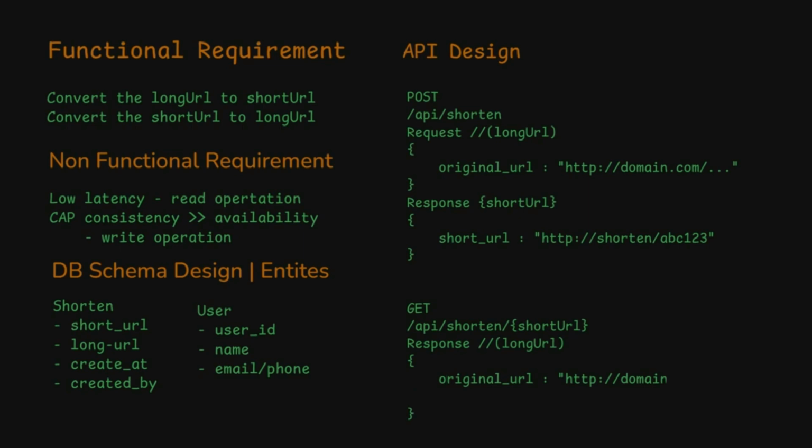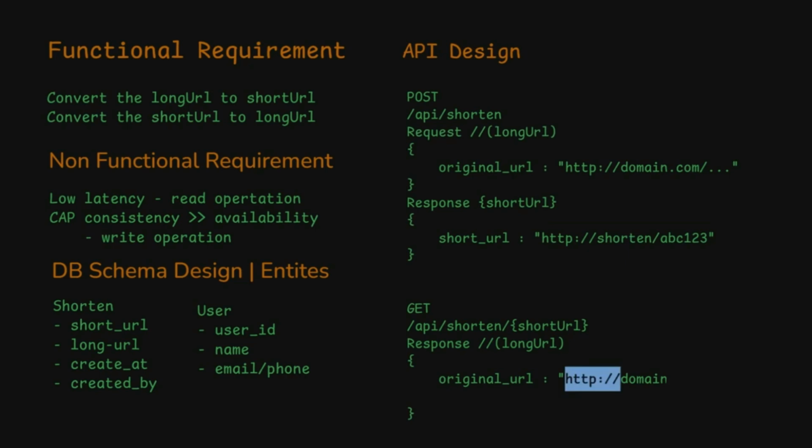Also, we need to pass some kind of a status code. So in this API response, the response would return the original URL. But let's say when the customer clicks on this short URL in the browser, and we are just returning this URL.